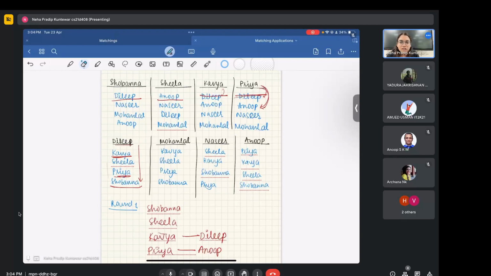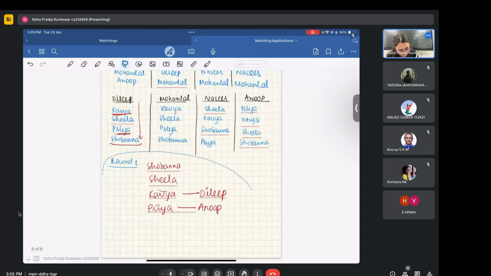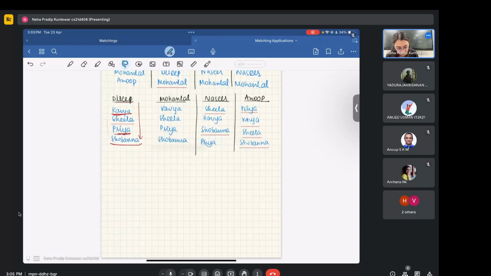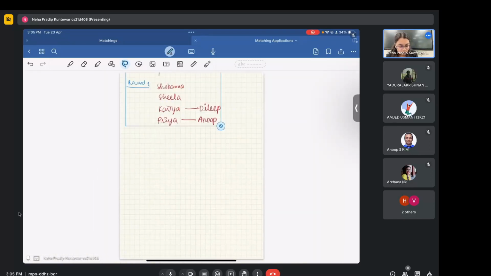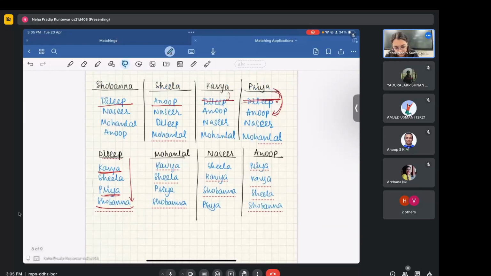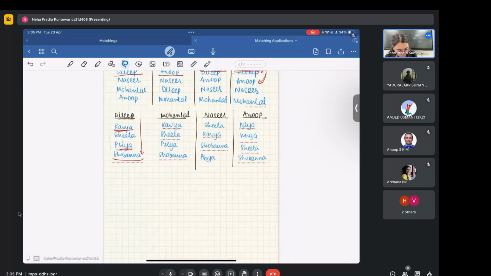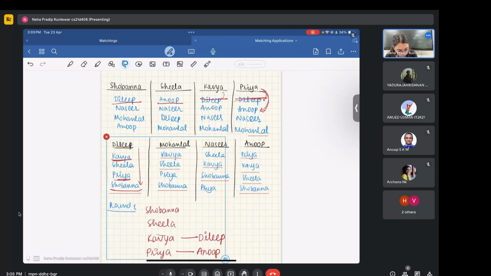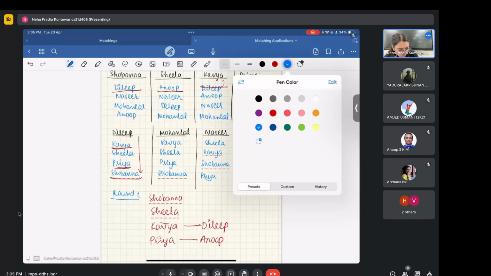Now in round 2, again the same process starts. Let's repeat the process.